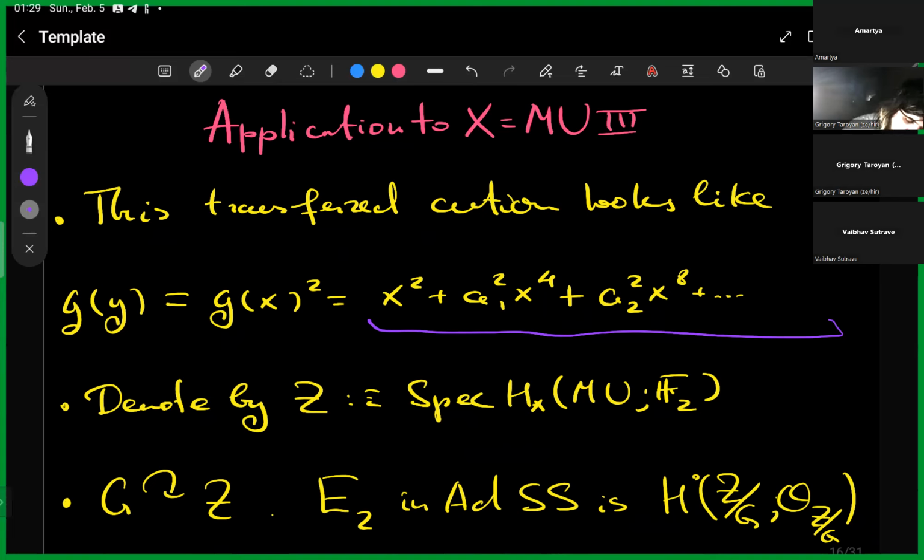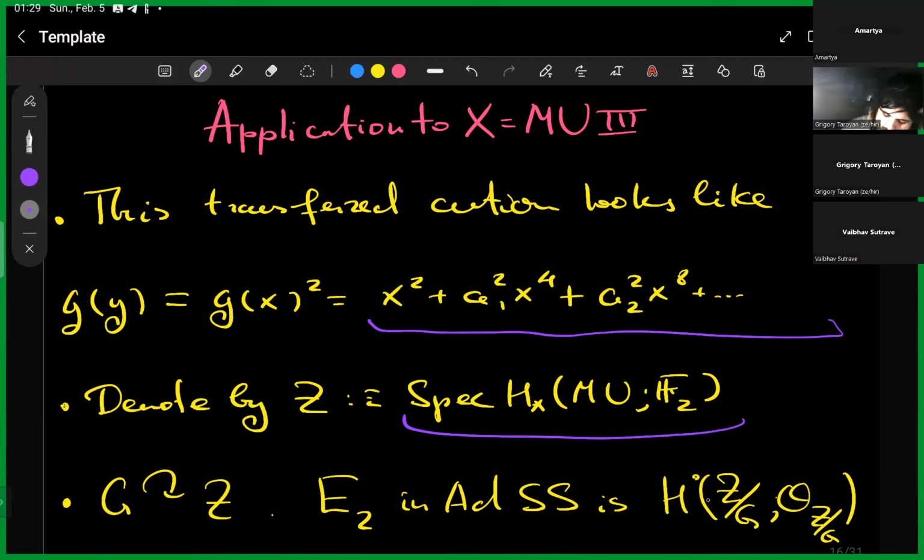So now let's denote by Z the spectrum of homology of MU with coefficients in F2. Then the action of G on this spectrum Z actually gives us the second page of the Adams spectral sequence.